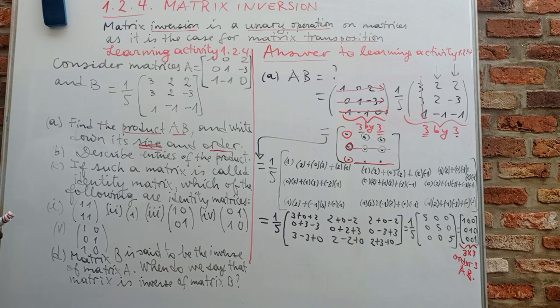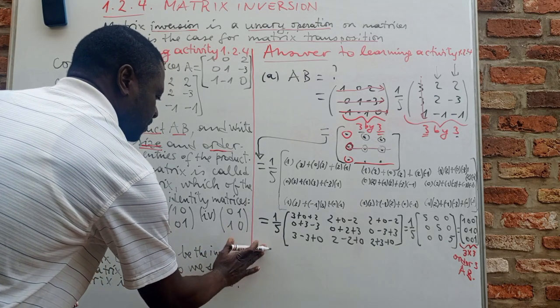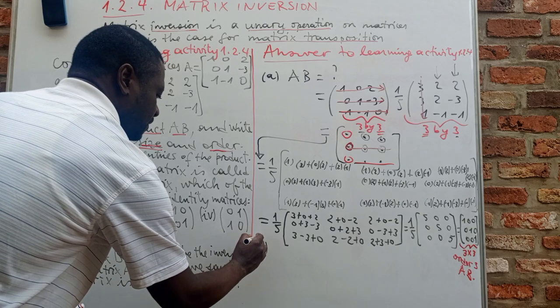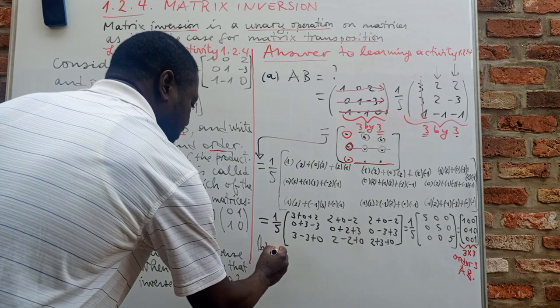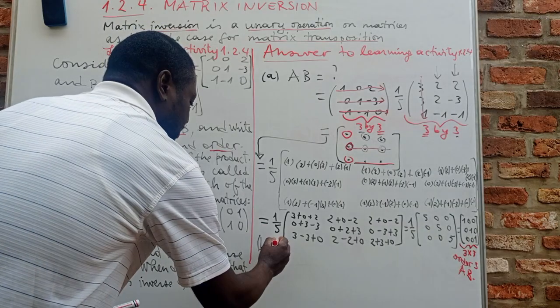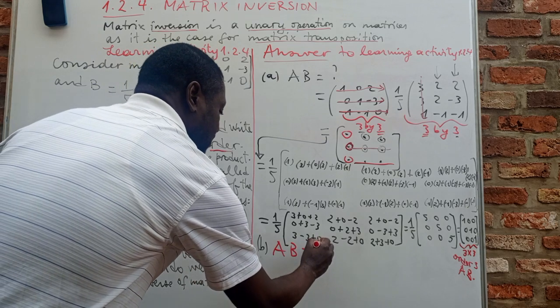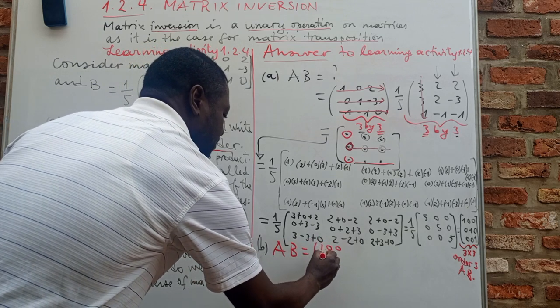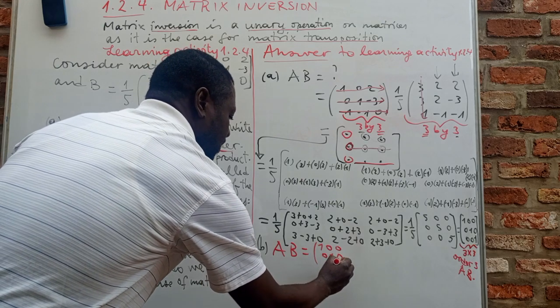Okay, now question B. Here, the question is to describe the entries of the product. So the entries of this product, let me use a color marker pen. So this is 1 0 0, 0 1 0, 0 0 1.